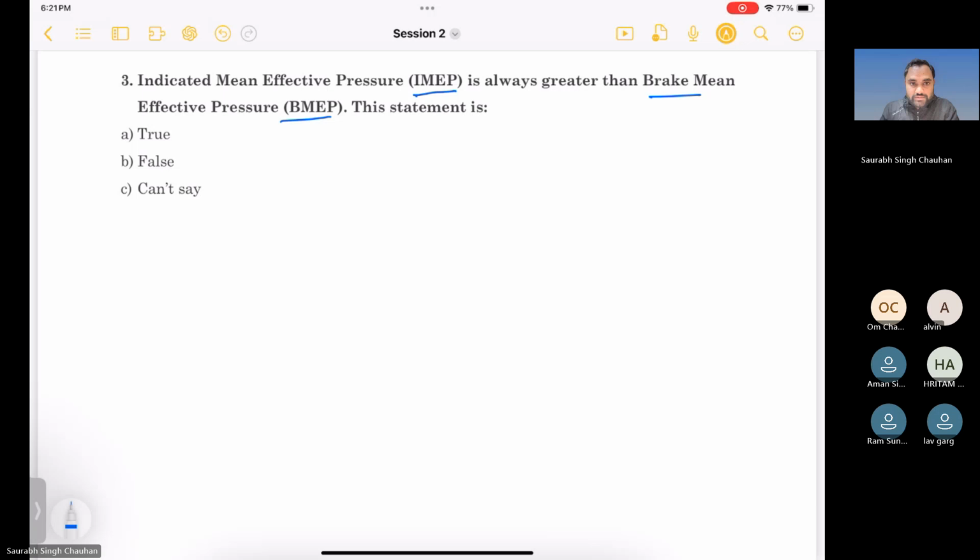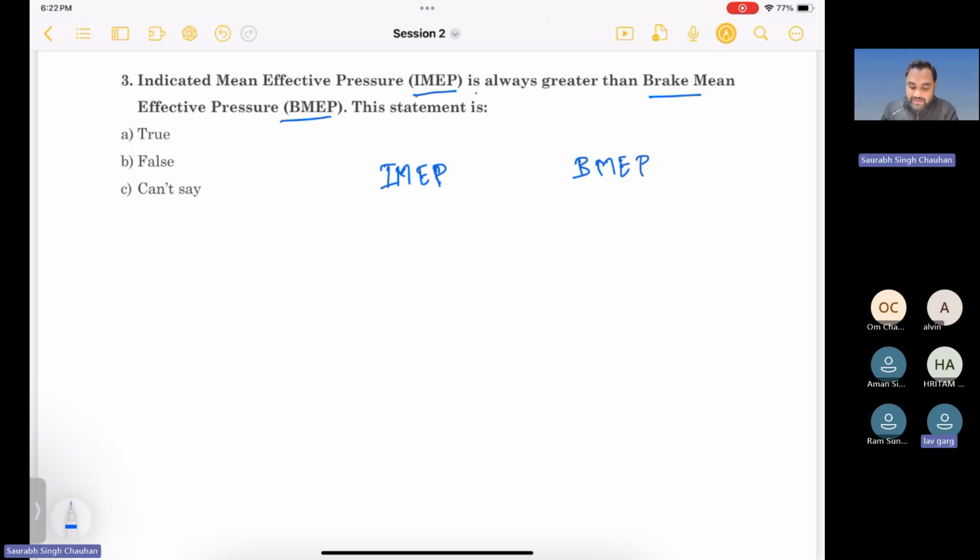First of all, we should be clear about what is IMEP and what is BMEP. Answer is true. But just for explanation, let us discuss these two terms, IMEP and BMEP.